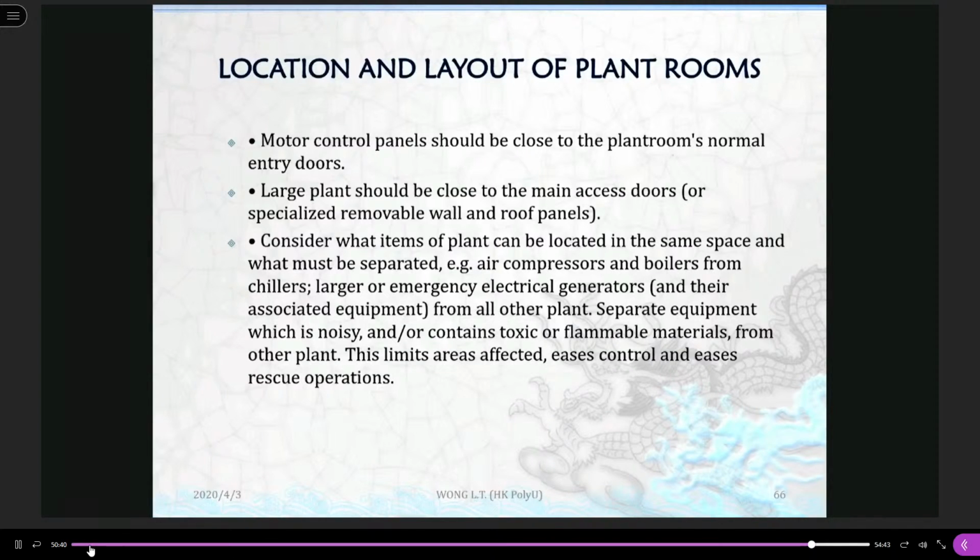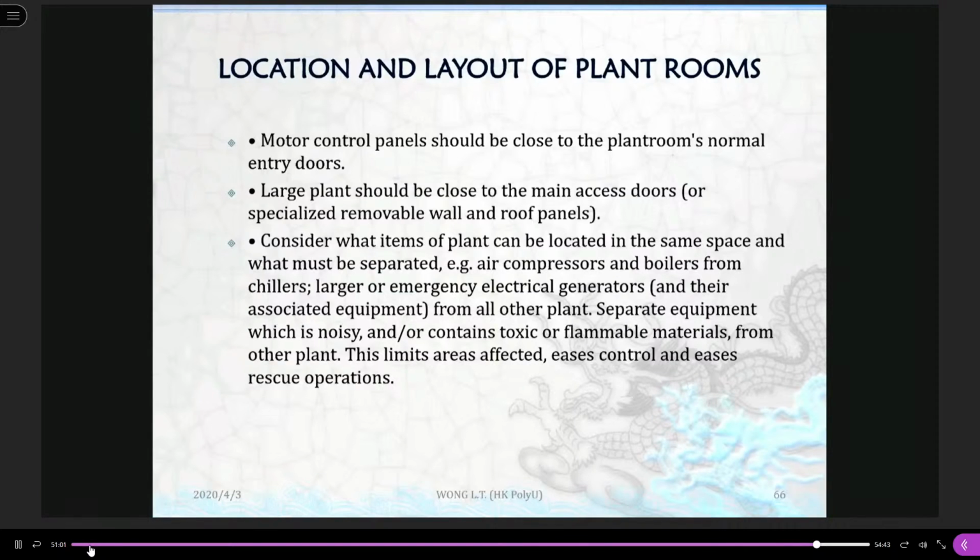Motor control panels should be close to the plant room normal entry door, because of the motor running. Once we access, we need to check the motor's status, and then switch the motor on and off, etc. Usually close to the plant, next to the plant room entrance door.